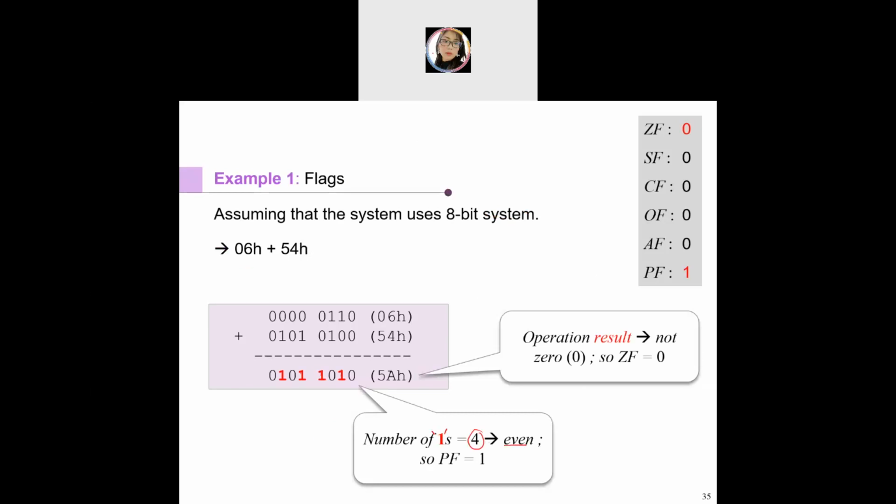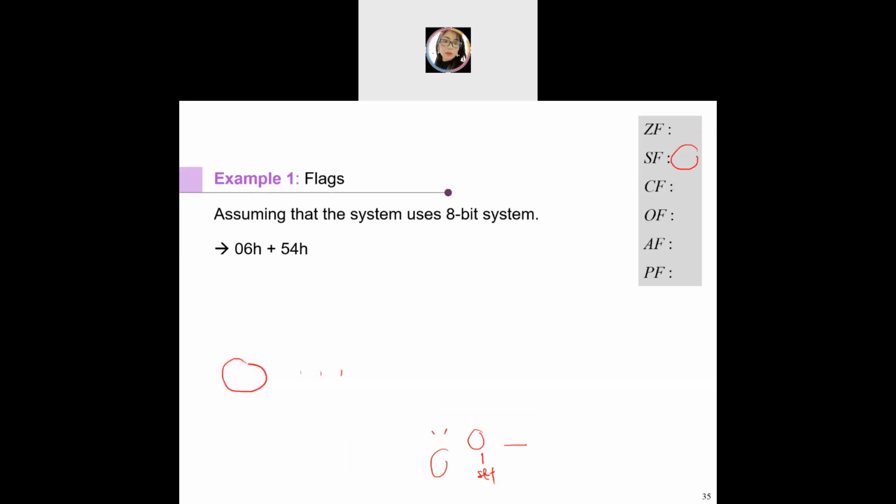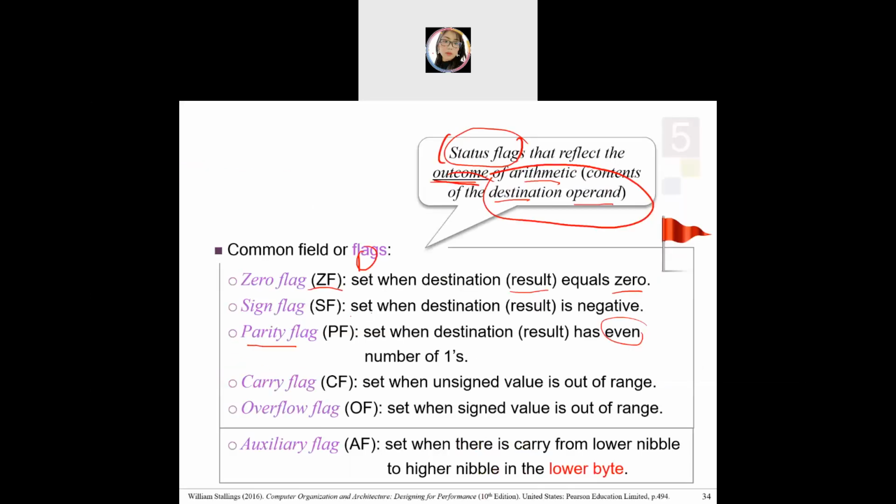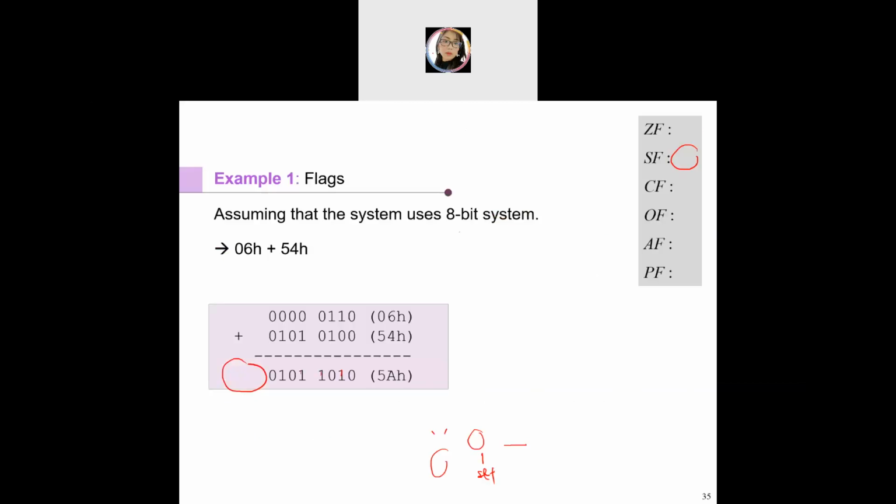That's why your parity flag will be set, or 1. About the sign, you can see the sign number is positive, so it will be 0. It will be set as 1 if it is negative. So you can try to look into the rest.